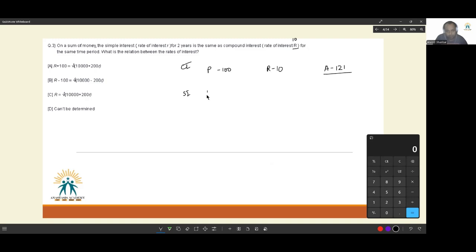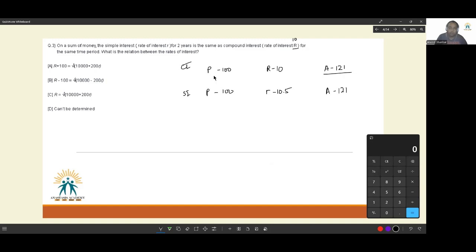So under SI, principal is the same, amount is the same. So my rate of interest will be 10.5 now. 21 rupees earned in 2 years, 10.5. Sorry, this is not capital R, this is small r, for simple interest, according to the question.